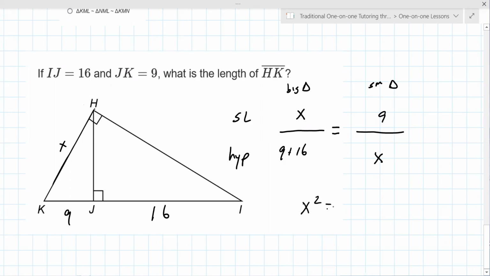I do. So x squared equals 225 and x equals 112.5. Isn't it 9 times 25? Oh, 225, sorry.